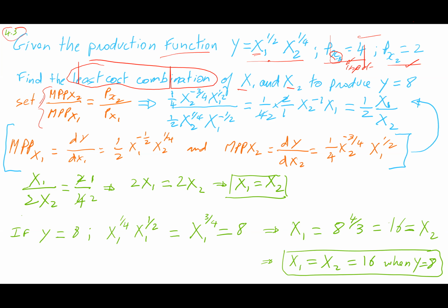You are asked to find what output level needs to be produced. No, the least cost combination. We're here to minimize cost. What level of output needs to be produced to minimize cost?